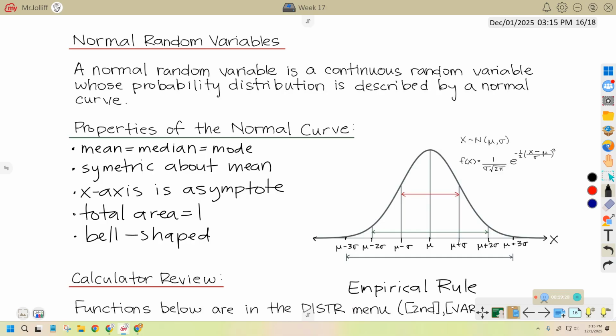Sometimes I don't need the calculator because we have the empirical rule. If the probability boundaries fall on those standard deviation hash marks, I can use what I know about the shape. We have 68% of our data within 1 standard deviation. We have 95% of our data within 2 standard deviations.